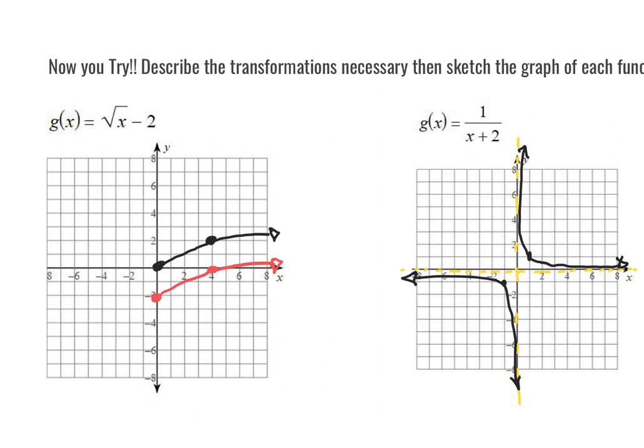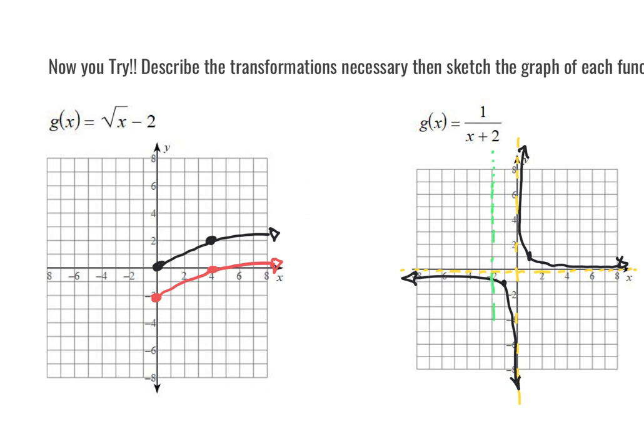And now I'm going to identify what kind of translation this is. It is directly affecting x, so this is a horizontal translation. And because it's +2, we're going to go to the left 2. This means that my asymptotes also change. My vertical asymptote was at 0 before, and now I'm going to move it to the left 2.